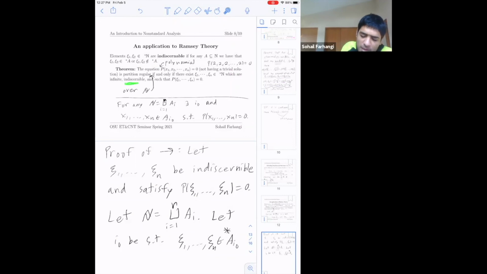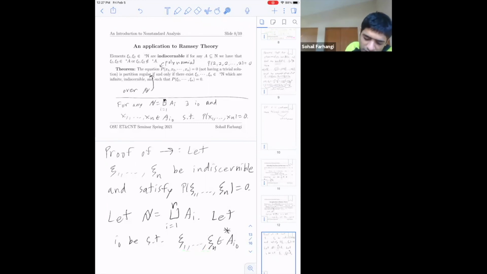And here I maybe should have specified, I thought it was obvious, but since there's more than two of them, I mean they're pairwise indiscernible. And that's what it means for the whole collection to be indiscernible. So if the first one is not in A1, then none of them are in A1. And you do this for every set, and eventually you see that whichever one the first one is in, they're all in there.